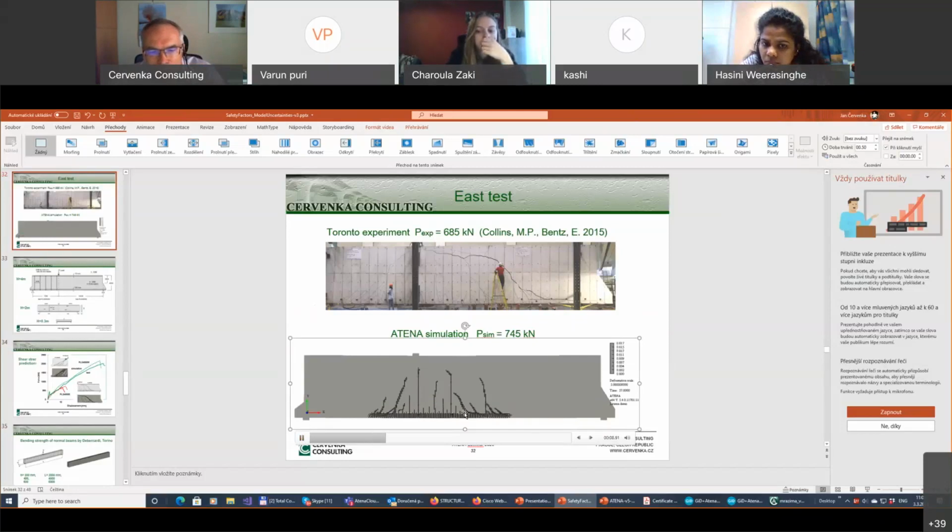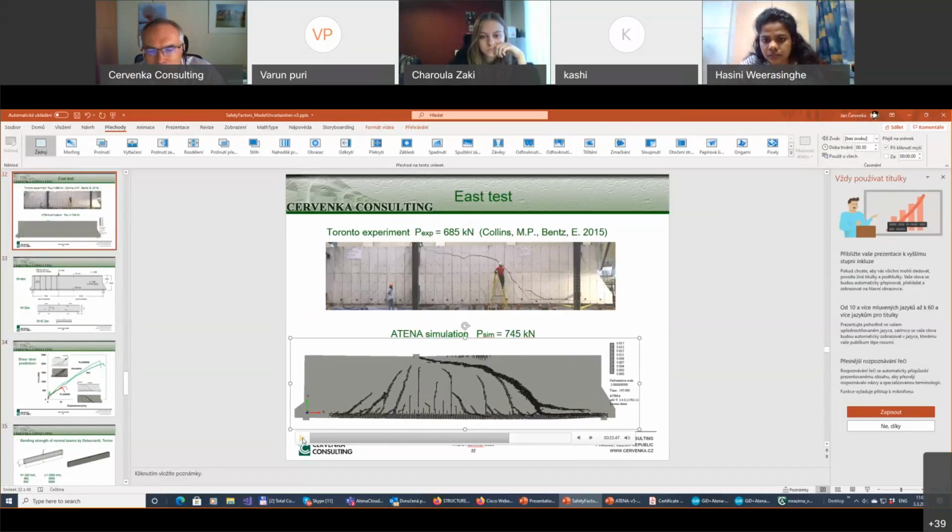As the cracks propagate towards the support, they start to propagate as shear cracks, and one of these shear cracks then becomes dominant, causing the failure mode. And indeed, there is also a kind of separation. You can say this is like a bond failure, basically the bonding of the reinforcement.